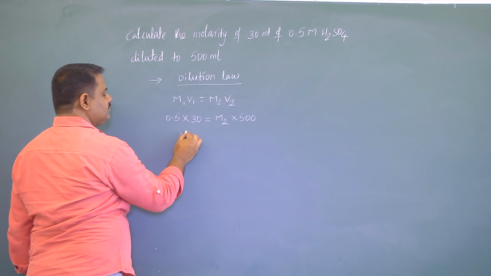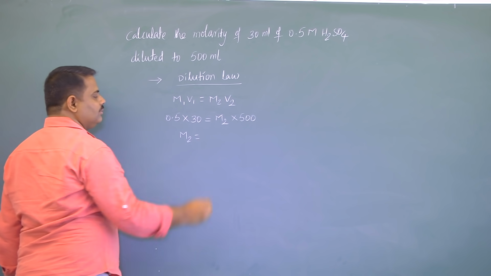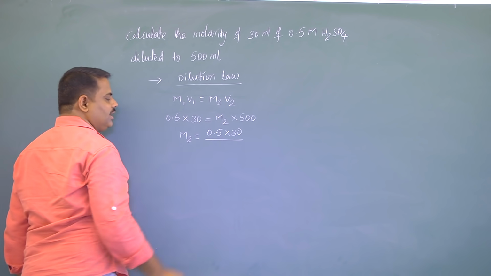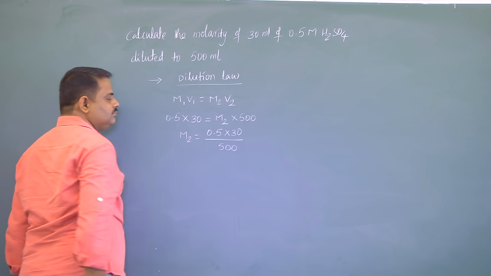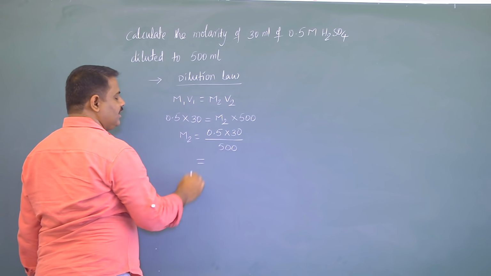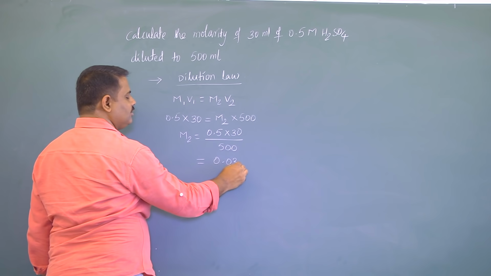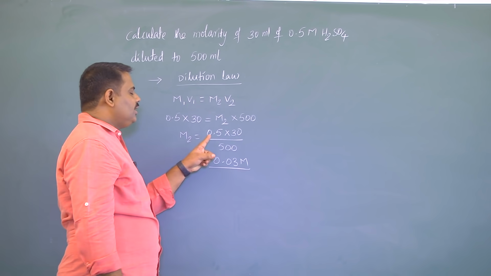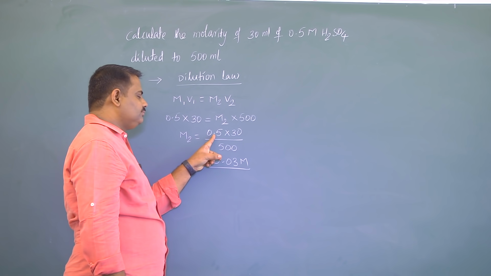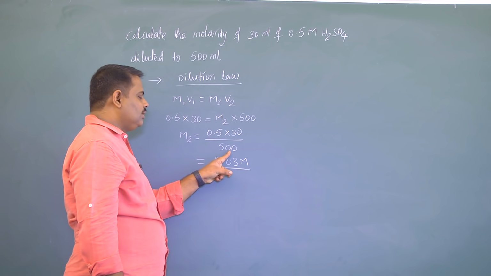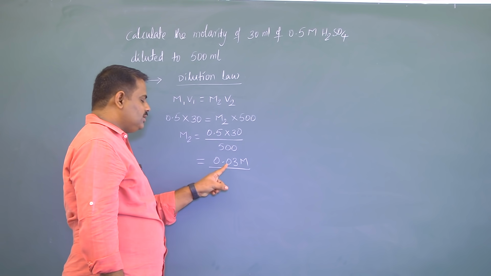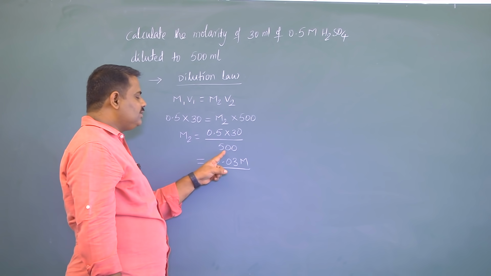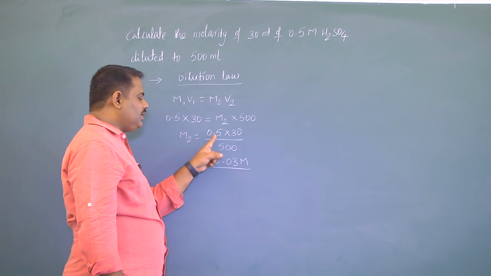Now, final molarity is equal to 0.5 into 30 divided by 500. By calculating this, you get 0.03 molar solution. So here you can see the initial molarity is 0.5. On dilution, molarity decreases to 0.03 molar. That means as the volume of the solution increases, molarity decreases.